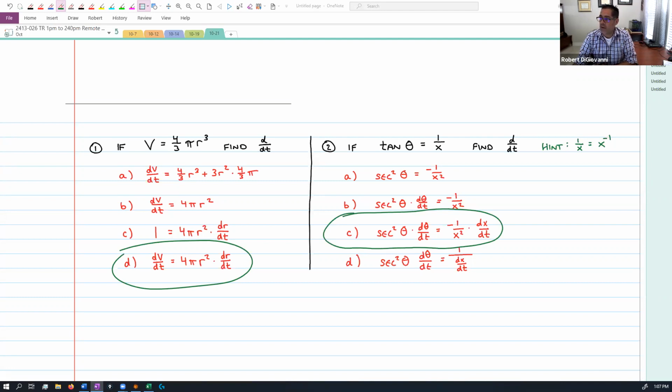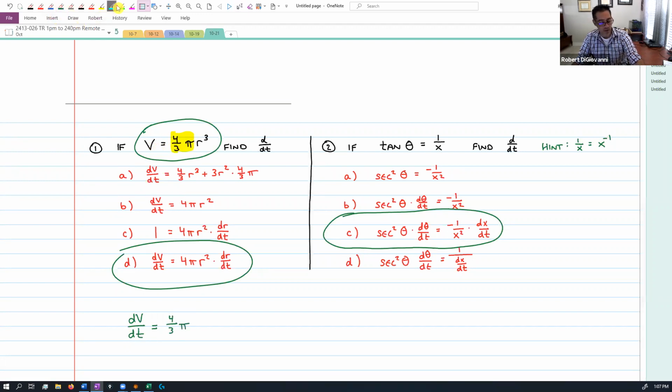All right. The first one, we're going to take the derivative with respect to t. So we have to do the derivative of both sides. The derivative of v with respect to t would be dv/dt, equals, now on the right side, everything in yellow is a constant. 4/3 is a constant, pi is a constant, so that will just come along for the ride.